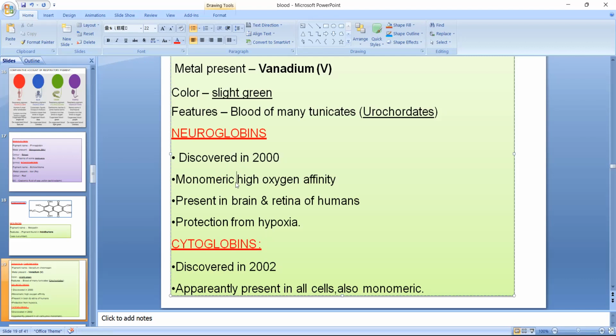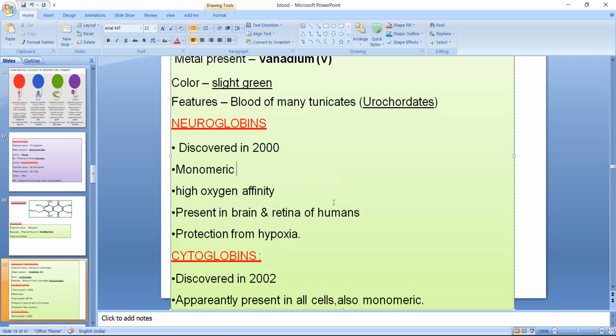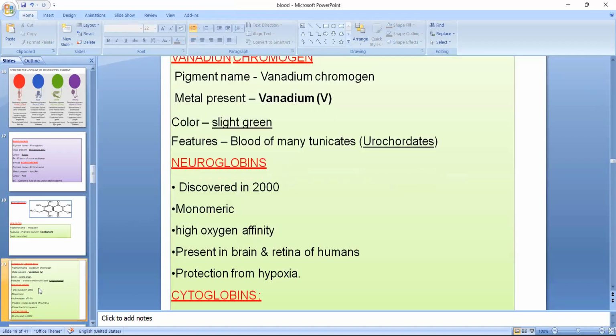It is a monomeric compound, just like myoglobin, but it doesn't contain porphyrin, and its structure is not completely studied. Present in brain and the retina of human beings.